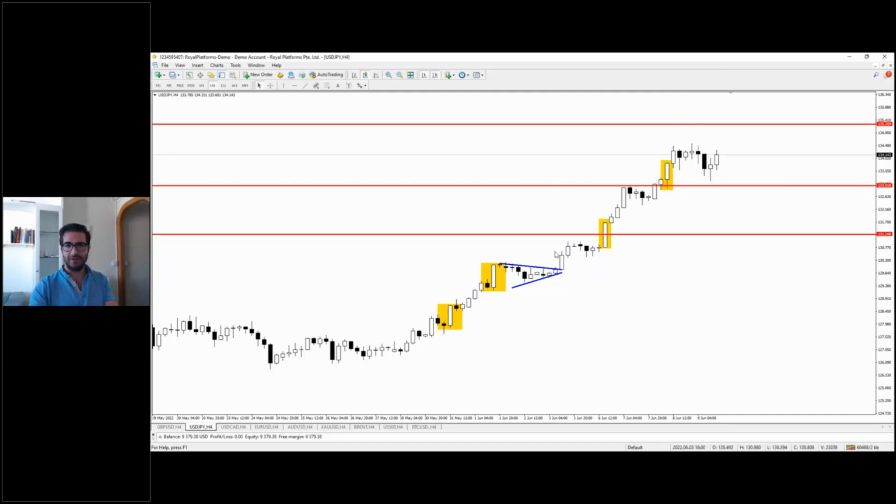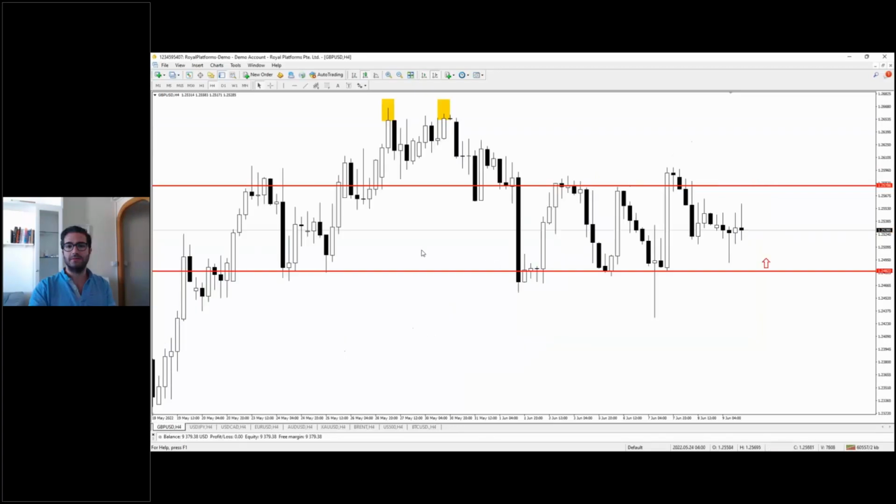So we have impulse correction in the form of a wedge. Once we have a breakout, the market moves to the upside. So this is a continuation pattern. These patterns repeat themselves in the future, so you can benefit from them to build your trading ideas. This is why we use repetitive patterns.